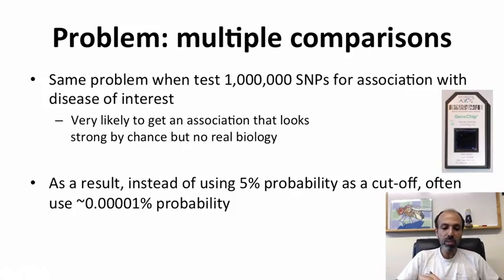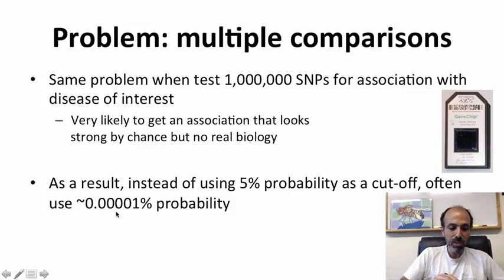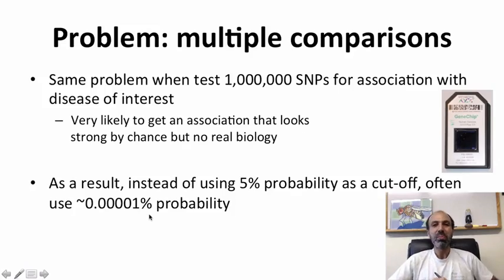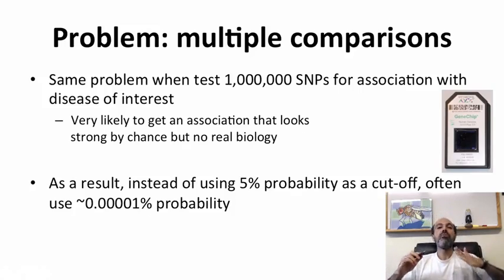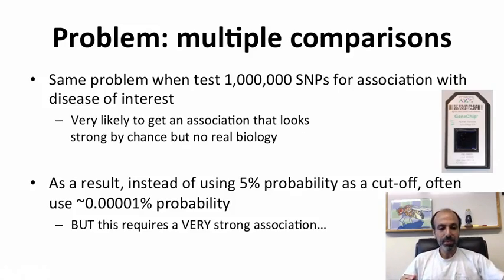So as a result, instead of using the standard 5% probability cutoff that people often use in statistics, people often use things like a 0.00001% probability as a cutoff. This is a way to work around this problem. So again, at that point, if you see an association, you have very high confidence that there's probably some sort of gene near there. The downside to this is that it requires a very strong association.